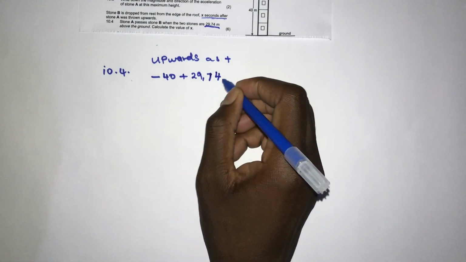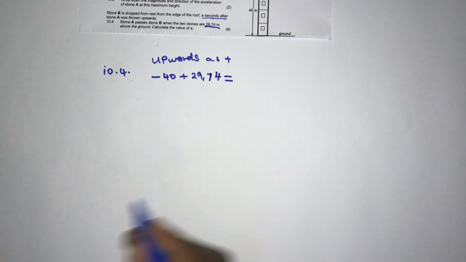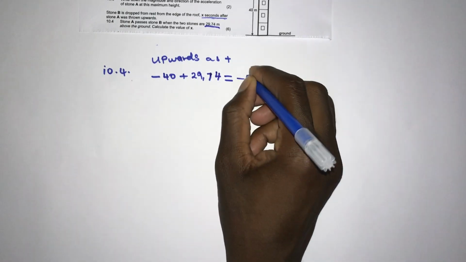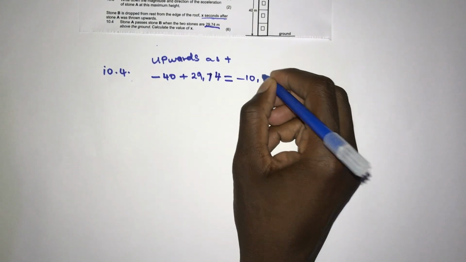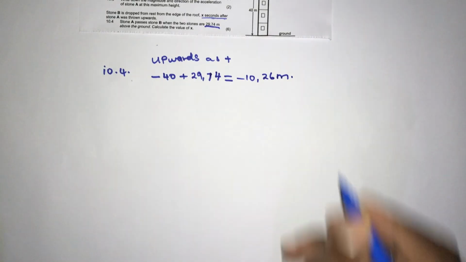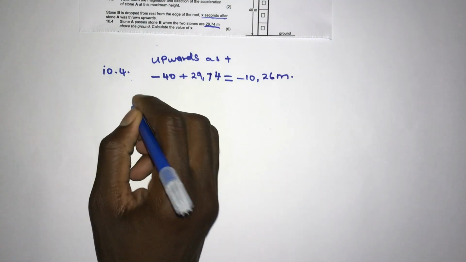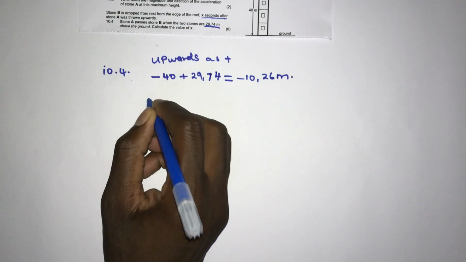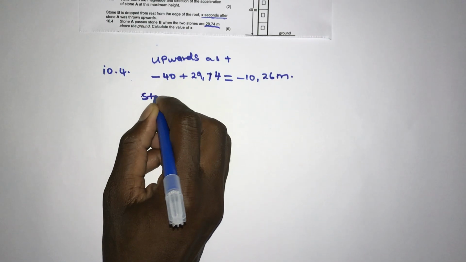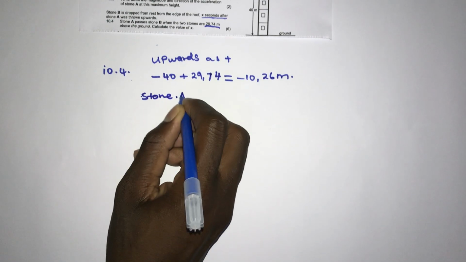So we're going to have negative 10.26 meters. That is stone A there. Let's talk about stone A now.